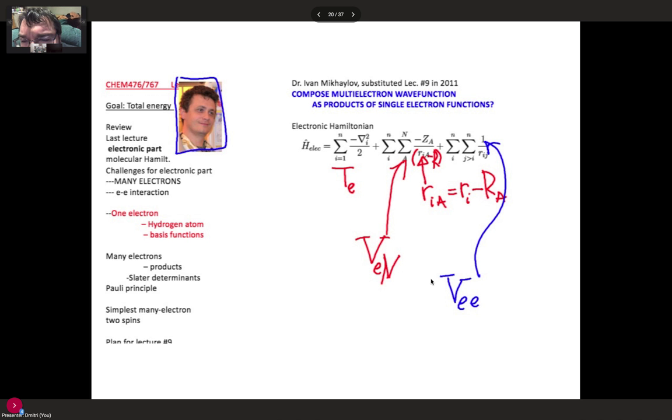The electronic Hamiltonian has the kinetic energy of electrons, repulsion of electrons to nuclei, and electron repulsion. In the hydrogen atom, we do not have second and third electrons, so we have only the first two terms, kinetic energy and attraction to nuclei. And this is one of the problems that can be solved exactly.